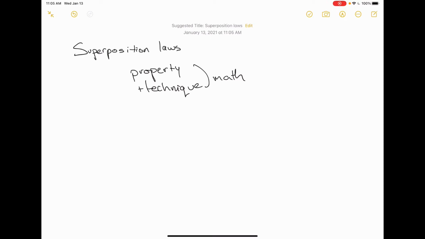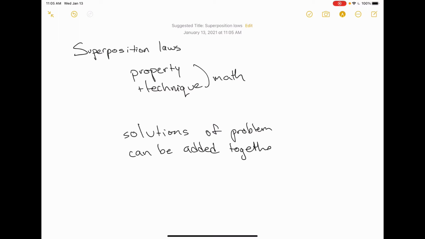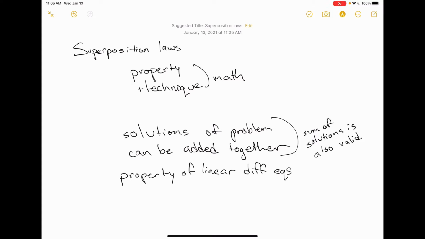And what it means is that the solutions of a problem can be added together, and that sum of solutions is also a solution. That is a property of linear differential equations and their solutions, which happens to govern most of electromagnetics.